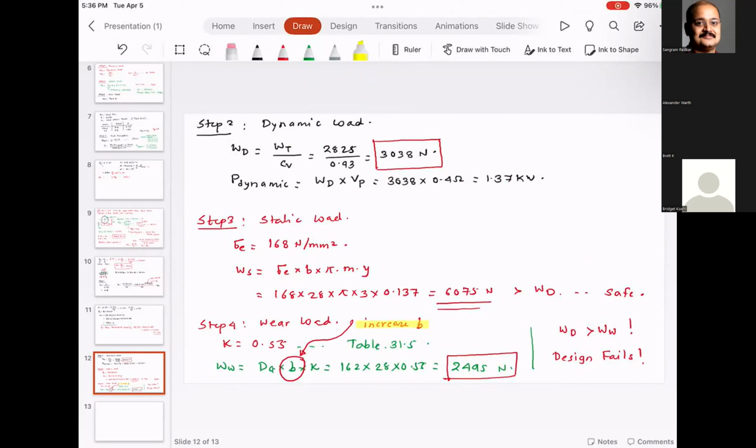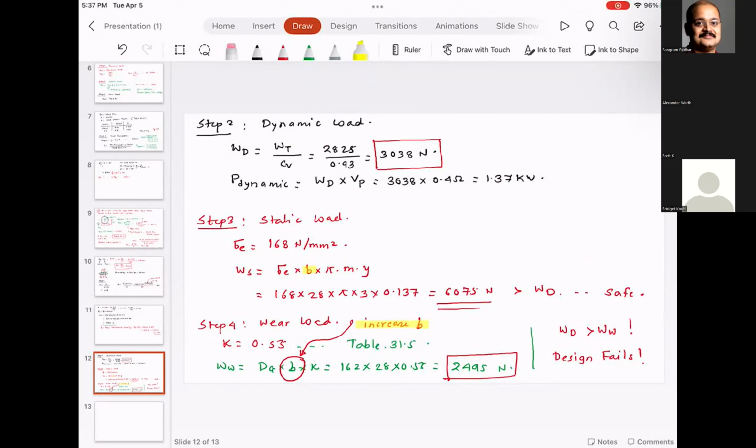If you look at the static load equation, this B also appears in the static load equation. So clearly your static load capacity is going to increase. But right now your design is already safe for static load. So even if you increase the value of B, that's all good.